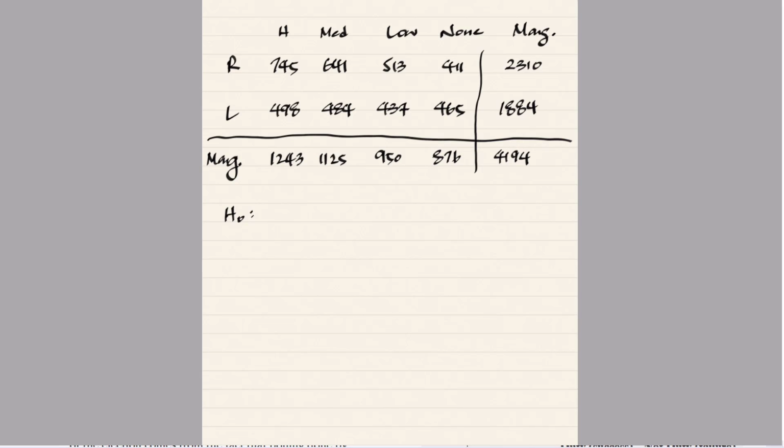Our null hypothesis, once again, is a claim of equality, that the proportion is the same for each of the counties. And so if I write that in sort of a compact form here to get that fit on the screen, here's what I would write.